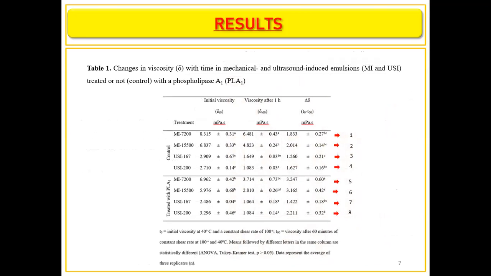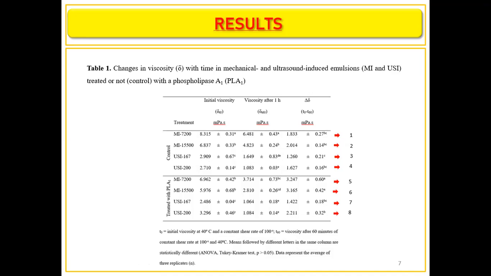We also characterized the change in viscosity of each treatment, treated or not with a phospholipase A1. At the initial viscosity, we don't see much change between time 0 and 1 hour after.